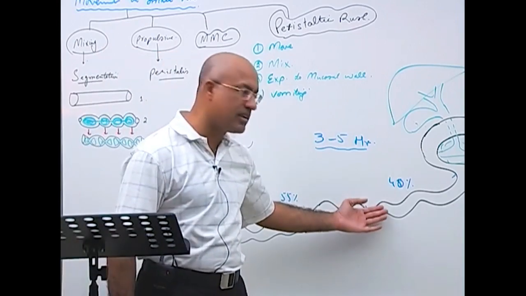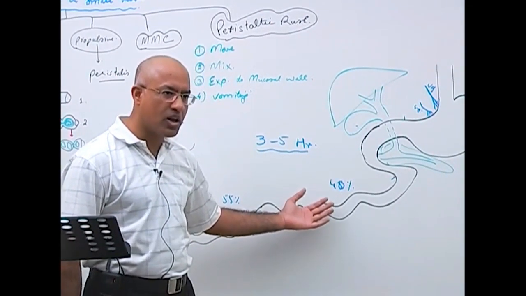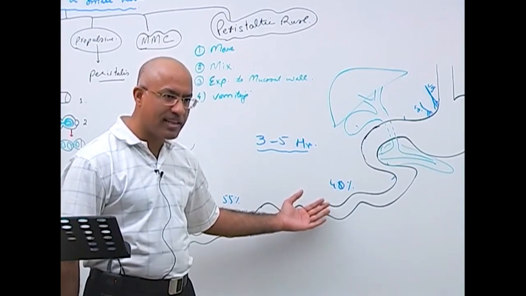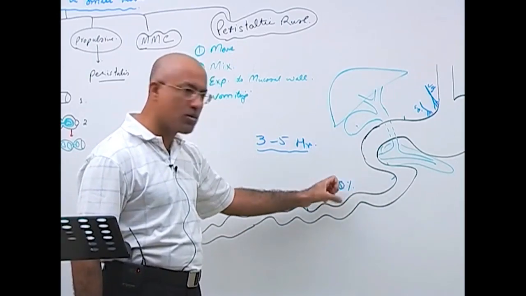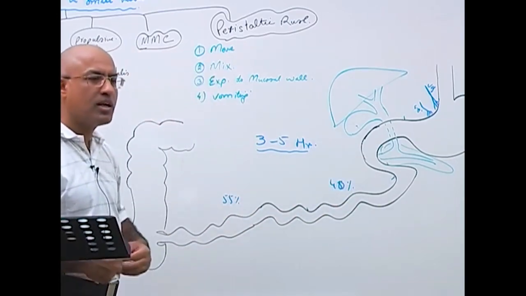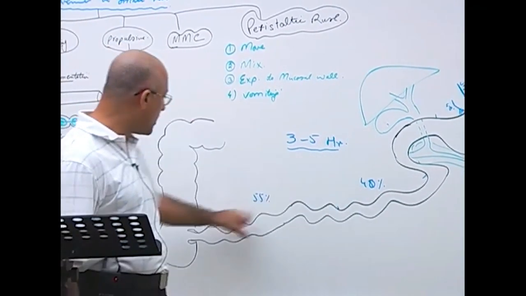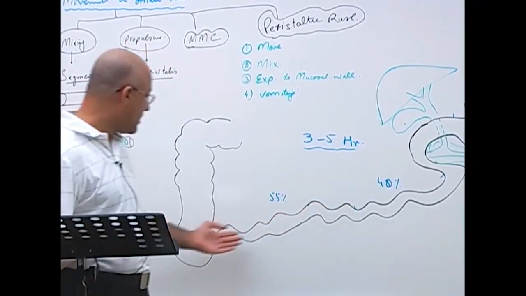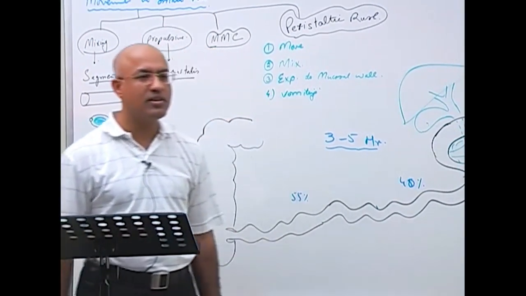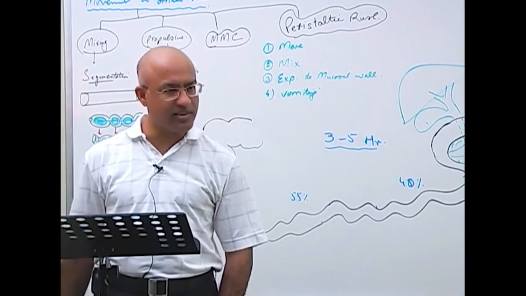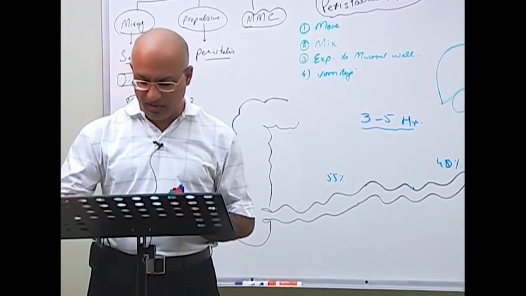When there is a virus or bacterial infection irritating the small gut mucosa, that may lead to a peristaltic rush, and these very strong movements do produce some central abdominal colicky pain as they go down and push the content into the large gut, so that the gut tries to relieve itself from the presence of irritative or overly distending substances. So this is one way the small gut relieves itself, right?